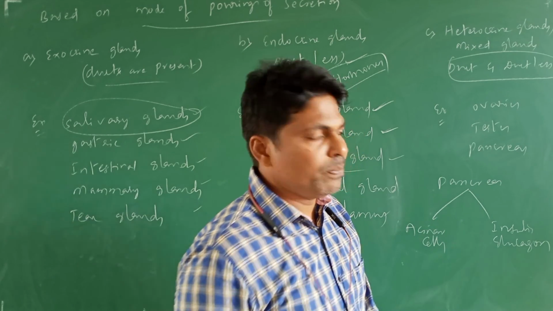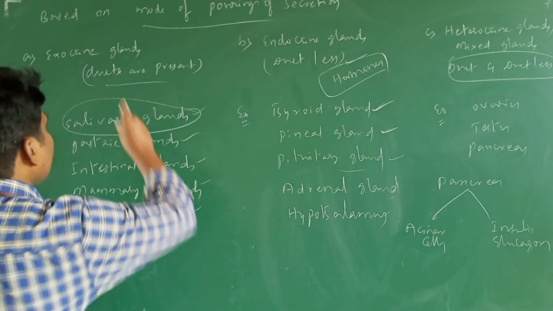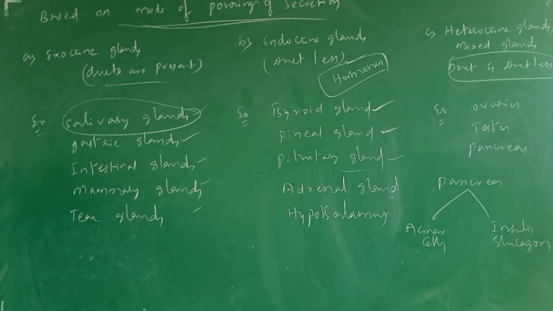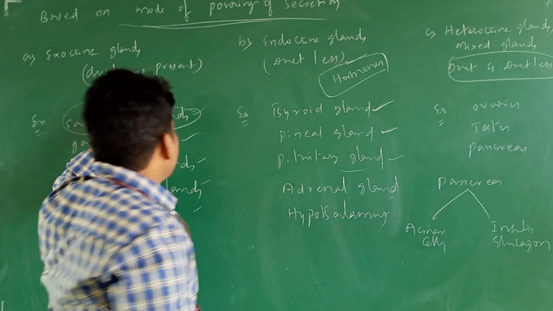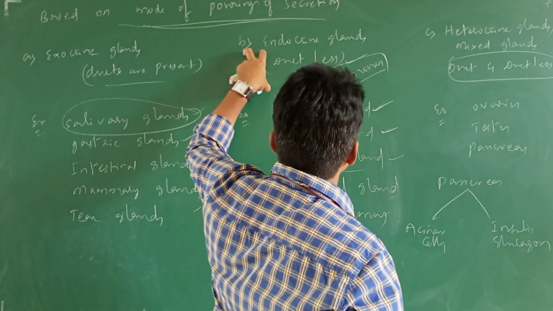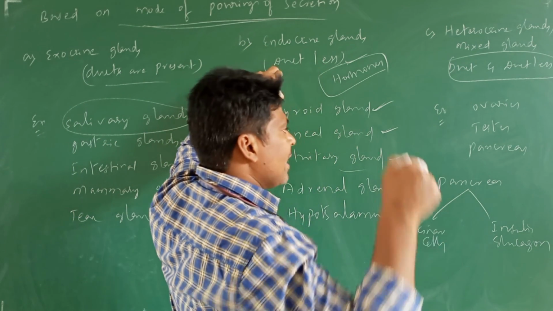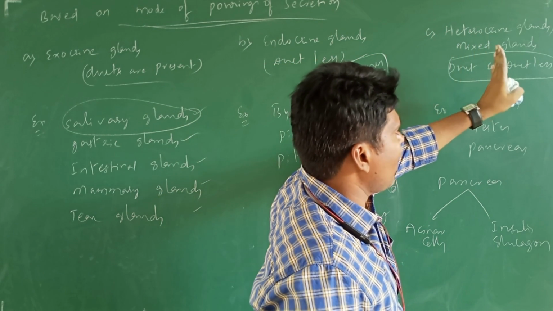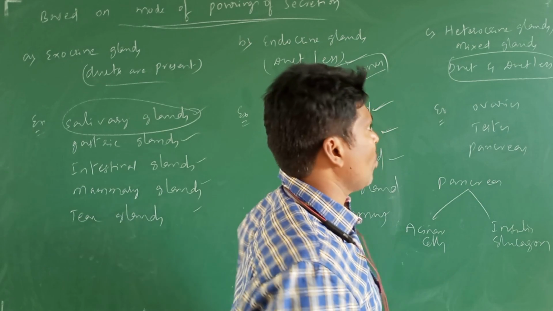Do you understand what I am saying? This is about classification based on the mode of pouring of secretion. Exocrine glands have ducts present; endocrine glands are ductless and directly pour their secretion, hormones, into the bloodstream. Those that are part exocrine and part endocrine we call heterocrine glands.